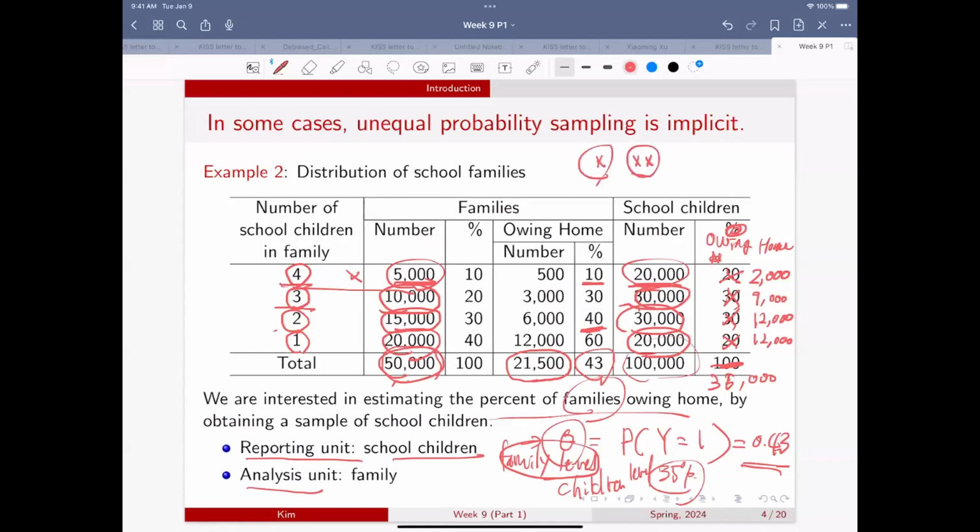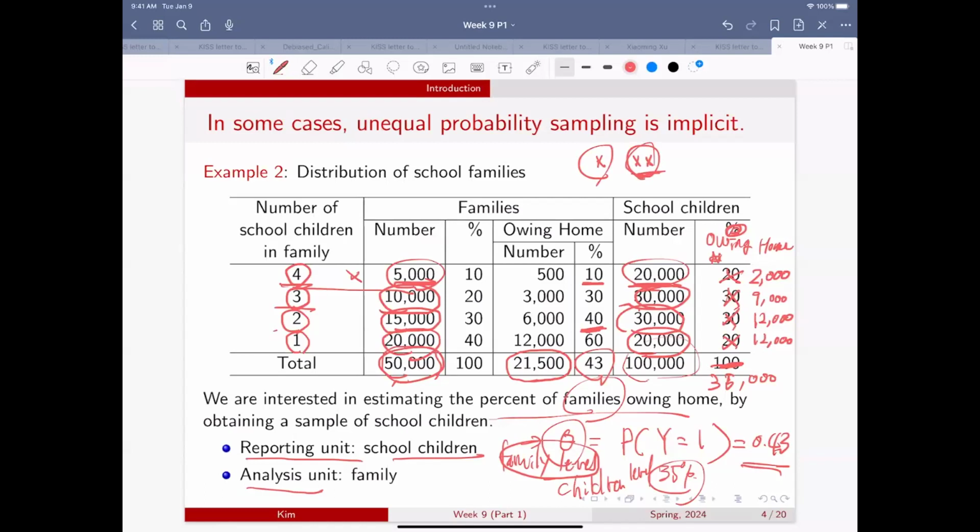Suppose we have only two families and select one child. Then the probability of selecting a family is not equal, right? So we overrepresent the family with many children.